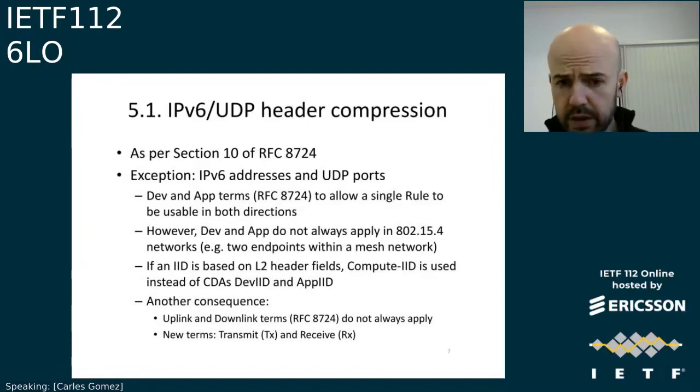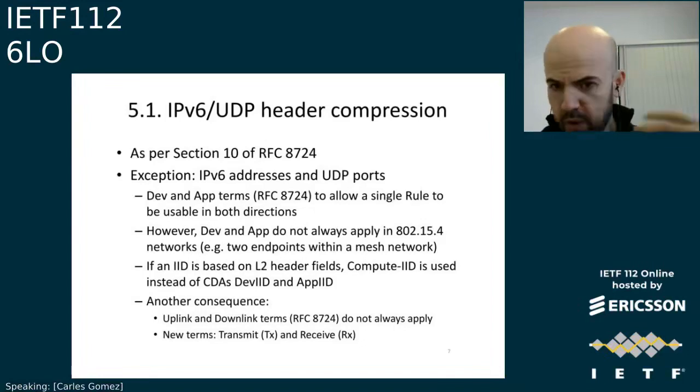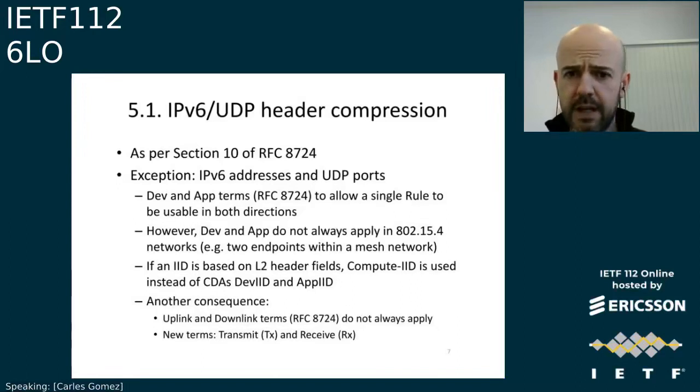Then there's another consequence, which is that in the base SCHC specification, the terms uplink and downlink are defined by using DEV and APP. So if DEV and APP do not always apply, the same happens with uplink and downlink. So perhaps we may want to use new terms, at least in some cases, which could be transmit and receive, as in version 01 of this document. Next, please.